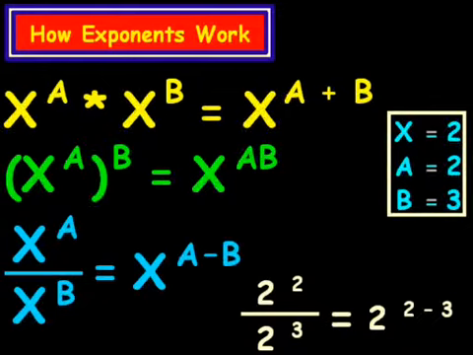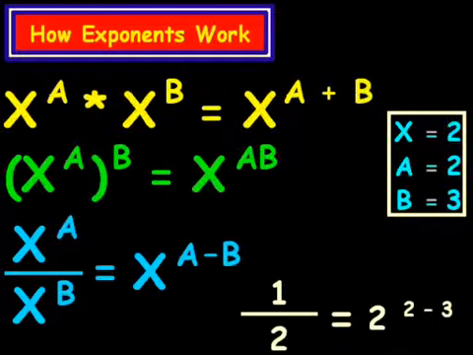Let's go ahead and simplify some of this here. We'll start out with 2 squared is 4, and then 2 to the third is 2 times 2 is 4, and then 2 times 4 is 8. So we have 4/8, and that can be simplified further down to 1/2.